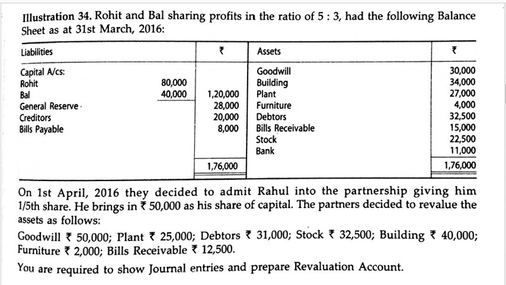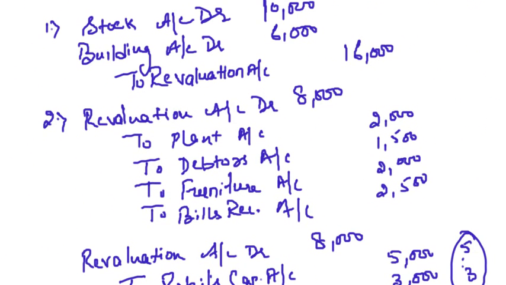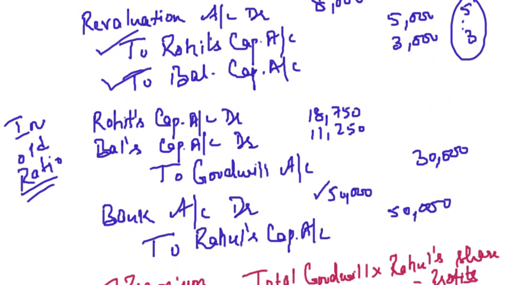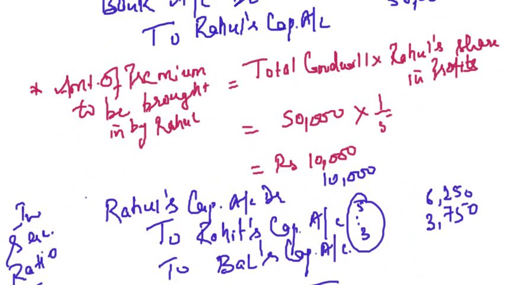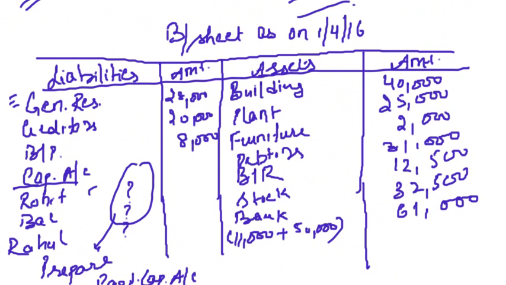We have the opening balances of capital as 80,000 and 40,000. Then we have a few transactions relating to the partners capital, like this revaluation profit will be credited to the partners capital account. Then this goodwill will be debited because we are writing off the goodwill that is appearing in the books. Then this premium for goodwill from the new partner will be credited. After that, whatever balance you get of the partners capital accounts, you will write down here and your balance sheet will tally, 100% tally.